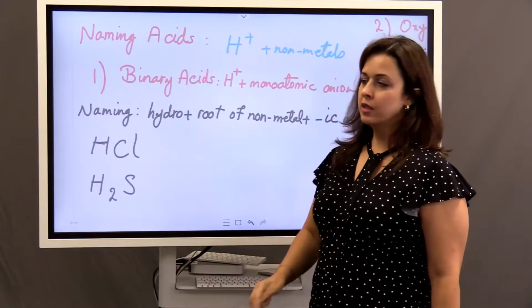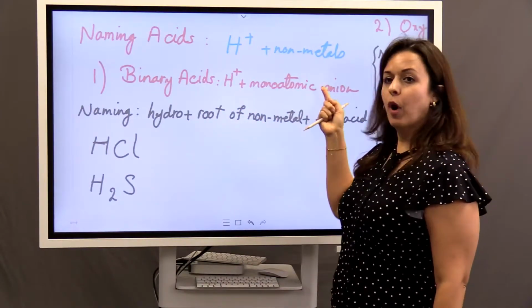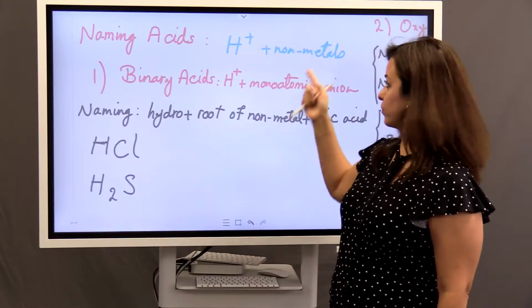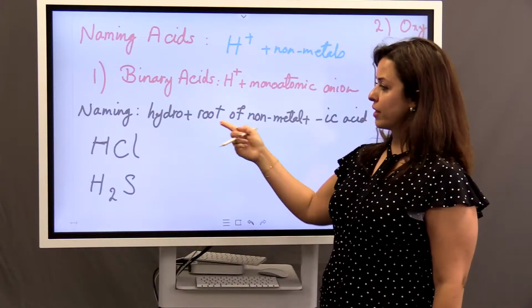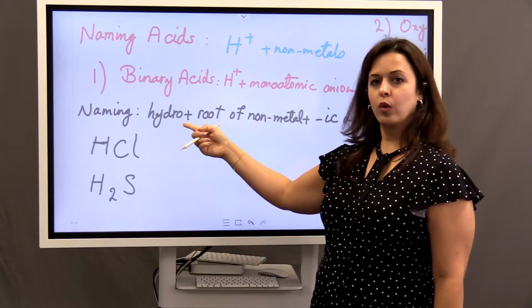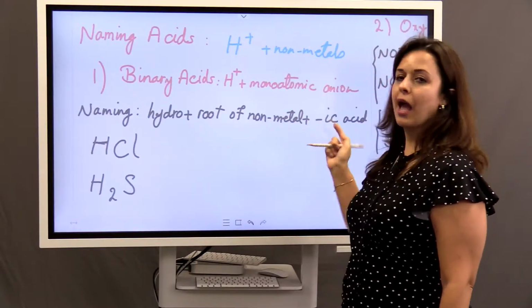Binary acids are composed of hydrogen ion plus a monoatomic anion, which is formed from a nonmetal, right? So, how to name them? You use the word hydro plus the root of the nonmetal plus ic acid.